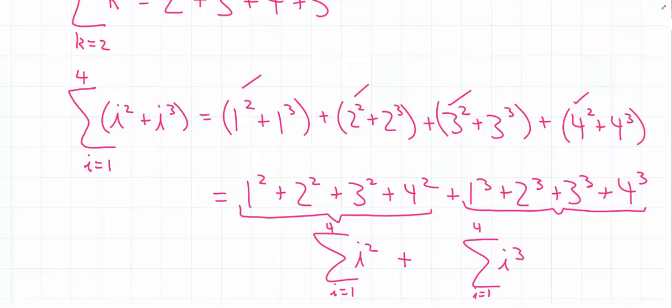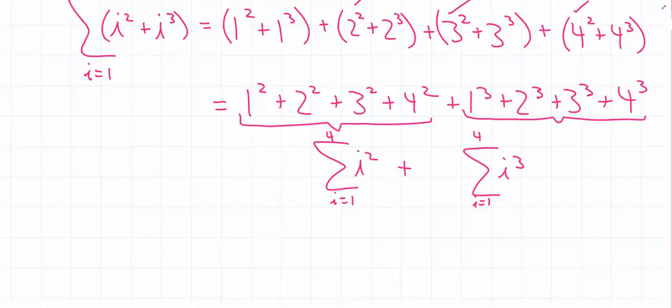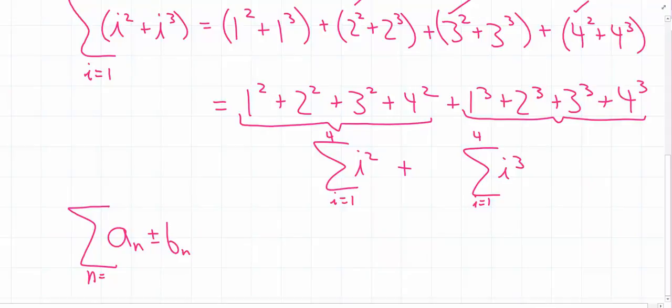So the point I'm trying to make here is that when we're talking about summation notation, we can do this. If I've got something I'm summing up, let me call it A sub n plus or minus B sub n, and n goes from, I'll just say 1 to 4.